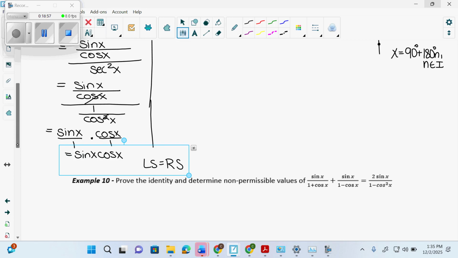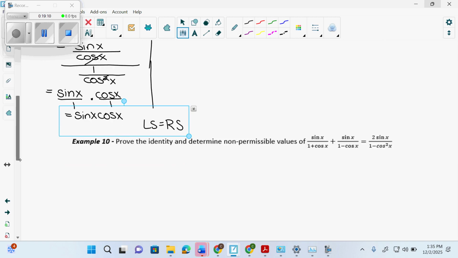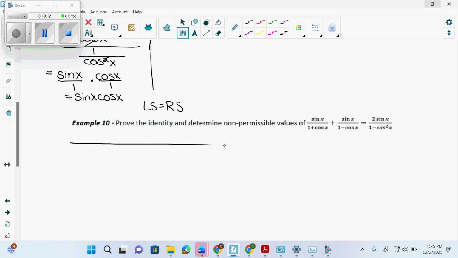Okay, conjugates. 1 plus sine x, 1 plus cos x. Those are answers to a difference of squares. We agree? So if we look here at this one, we still need to prove. So our first step is going to be rewrite it.